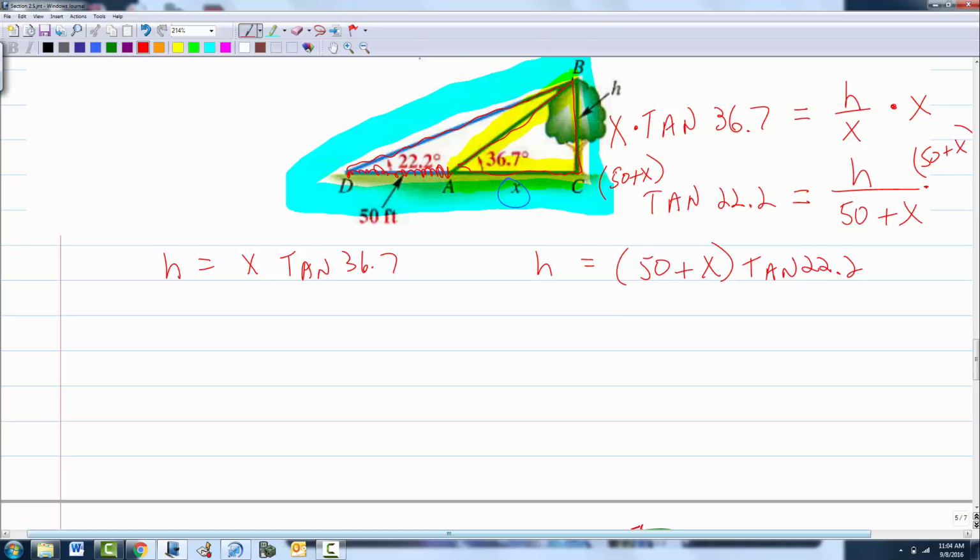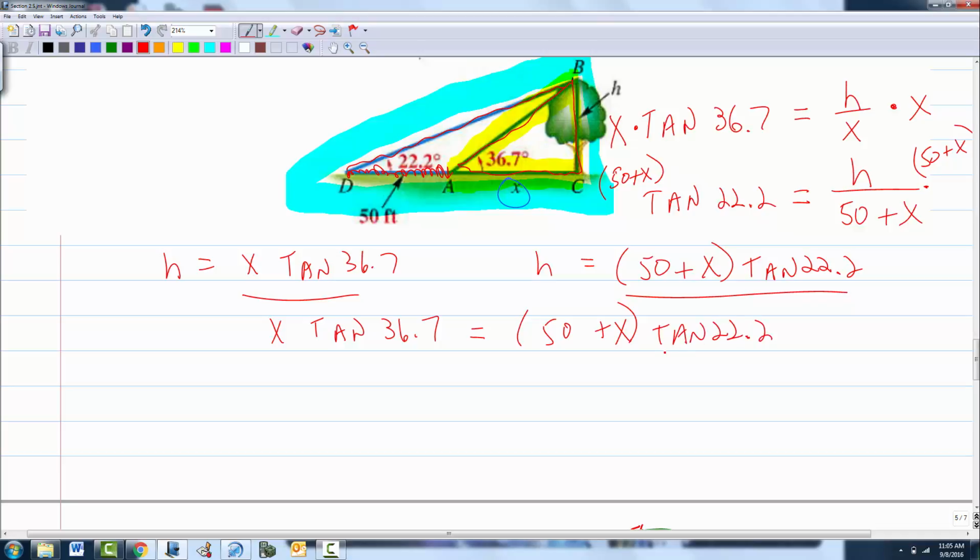Give you a chance to write that real fast. If h equals this and h equals that, what can I do with this and that? Set them equal. Nice. After this, we should at least be able to survive by solving for x.